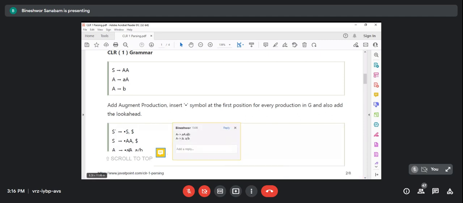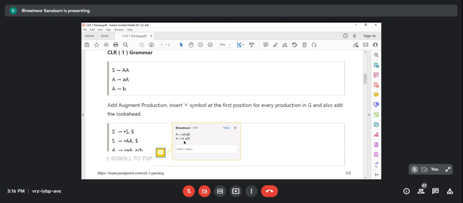After the dot we have A, so we are going to include the A production. A implies dot A is one production, and A implies dot B is another production.